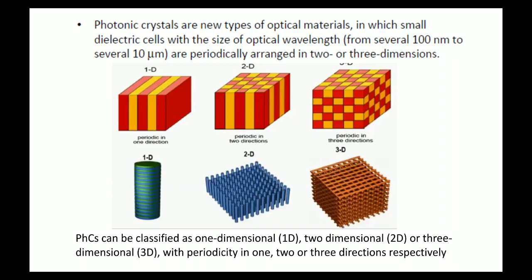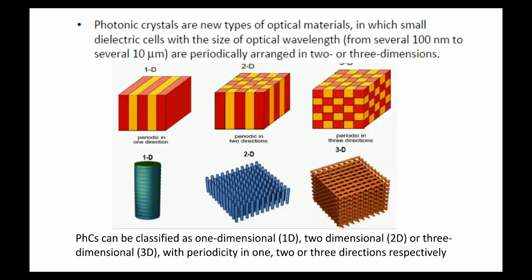Again, the yellow color represents low refractive index and the red color represents high refractive index like glass. In three-dimensional photonic crystals, the periodicity is in all three dimensions. You can see there is periodicity in X, Y, and Z in the low and high refractive index material.